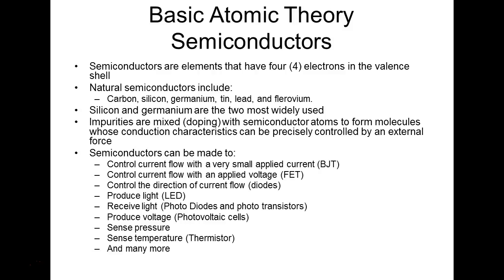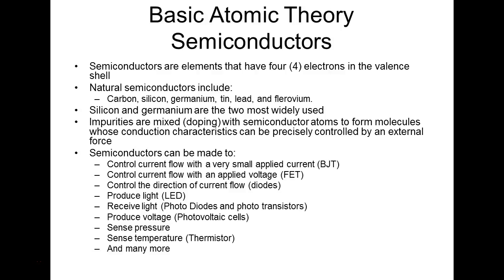So a semiconductor can be a variable resistor, but we don't control it mechanically, we control it electronically. These are your transistors. A transistor is nothing but a variable resistor that you're controlling electronically, which is pretty neat.